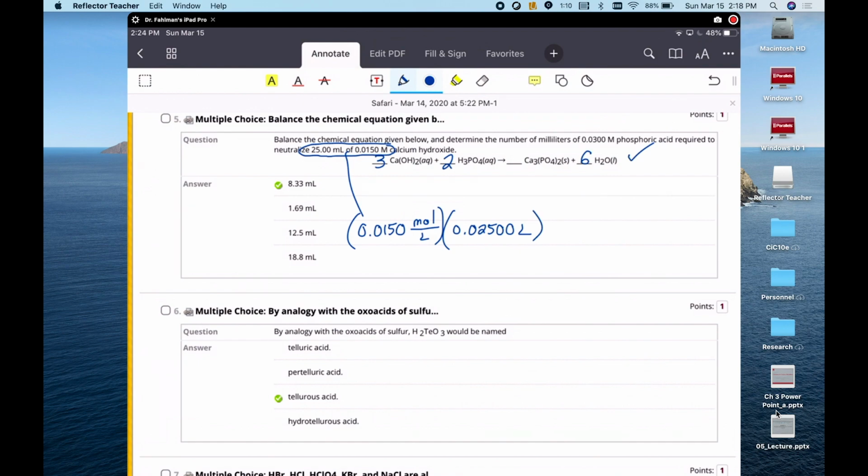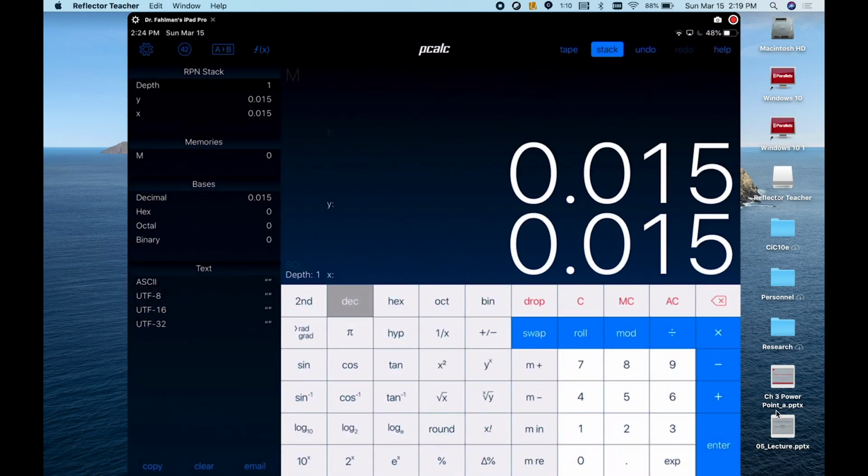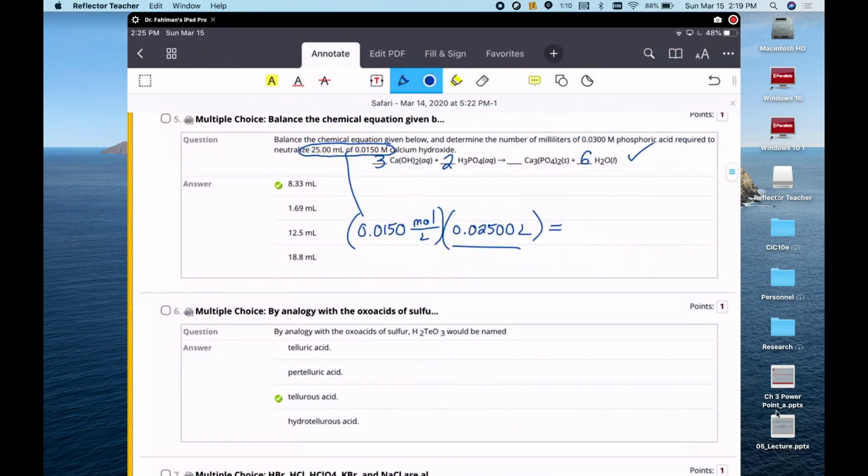That's 25 mL in terms of liters. If you do that calculation, 0.015 times 0.025 is 3.75 times 10 to the minus 4 moles, and that is of calcium hydroxide.